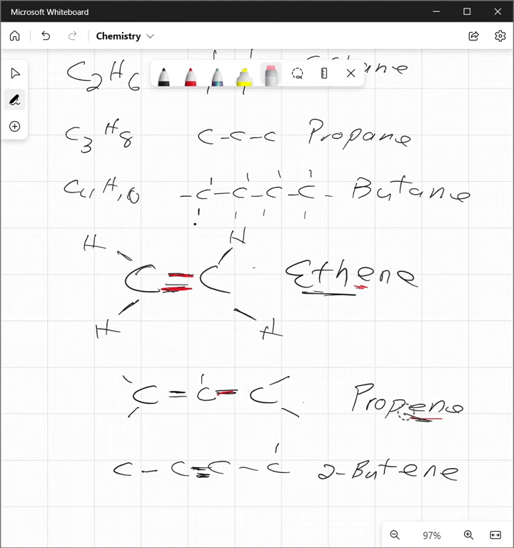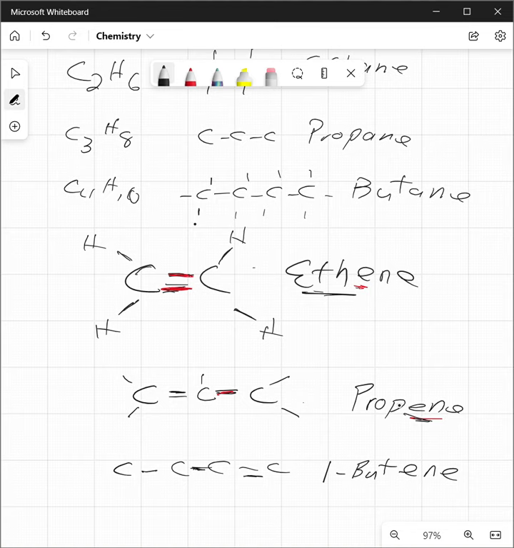But if I put it right there, keeping the number low, we have the double bond on the first carbon. So now we have 1-butene.